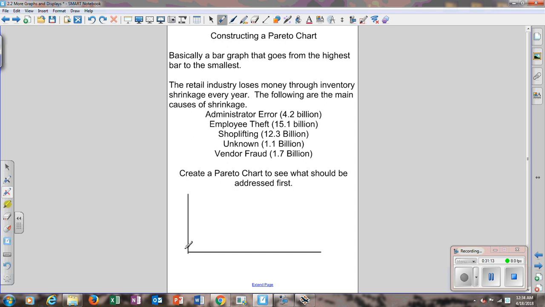And so if we create a Pareto chart, we just go from the highest problem or the biggest problem to the lowest. Let's say that's 2 billion, 4 billion, 6 billion, 8 billion, 10 billion, 12, 14, 16.